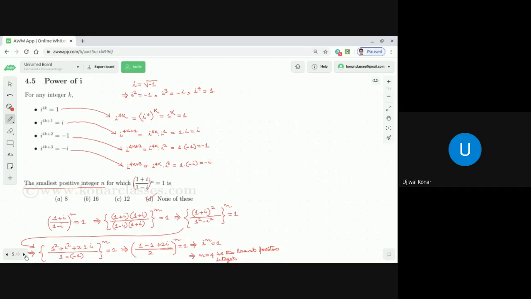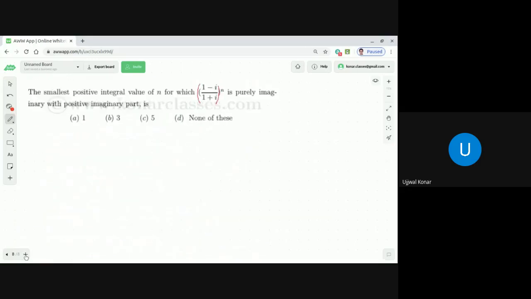In the similar concept, you need to apply it here: for what smallest positive integer value of n is ((1 - i)/(1 + i))^n purely imaginary with positive imaginary part? I appreciate it if you can start solving it, because I already showed you by one step how you need to perform it. Okay, please go ahead.